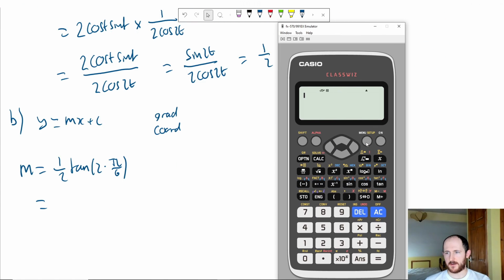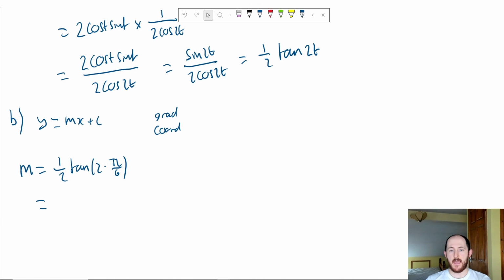In your calculator: shift, menu, angle input, radians. Then tan 2 pi over 6 gives root 3 over 2. And that means the gradient of our line is also root 3 over 2.